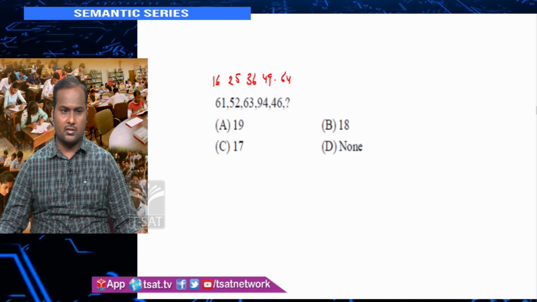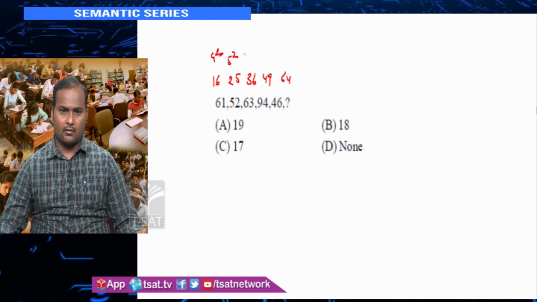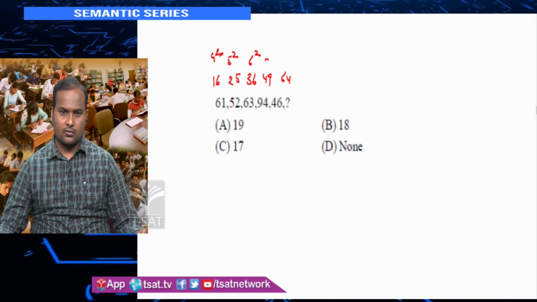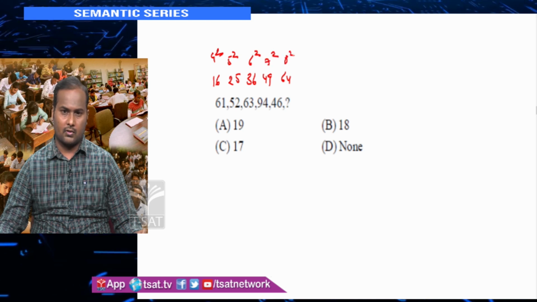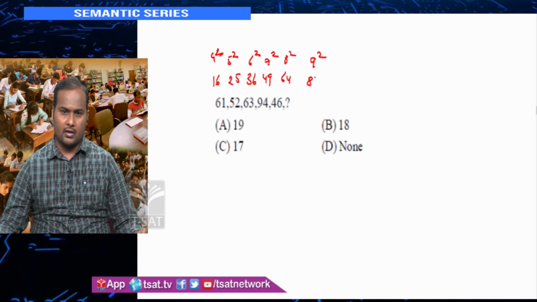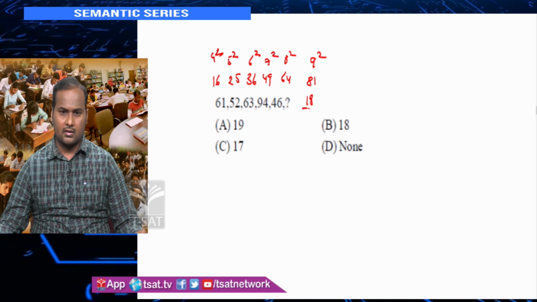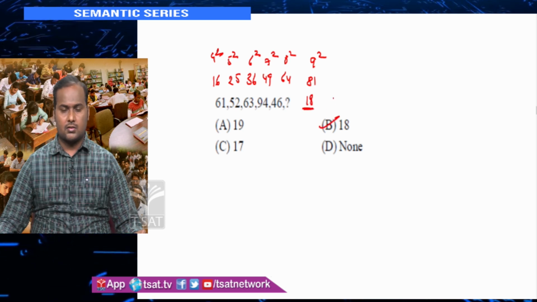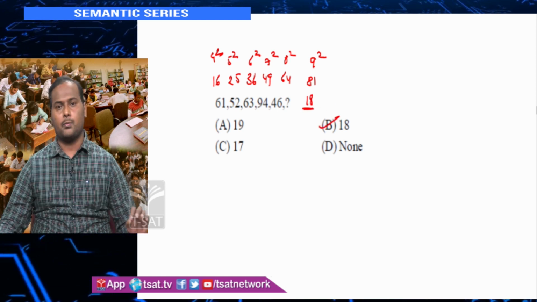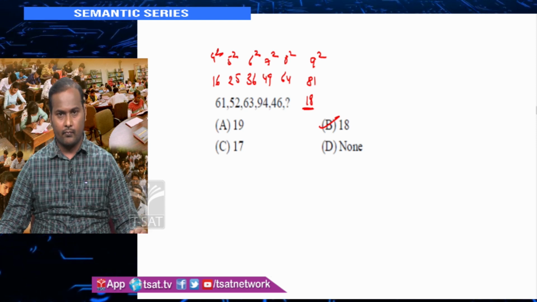The moment you see this, all these are squares like 4 square, 5 square, 6 square, 7 square, 8 square. The answer will be 9 square. 9 square is 81. You reverse this 81, you will get the answer as 18. So this kind of question you will recognize by practice. The more you practice, the more easily you will recognize this kind of series.